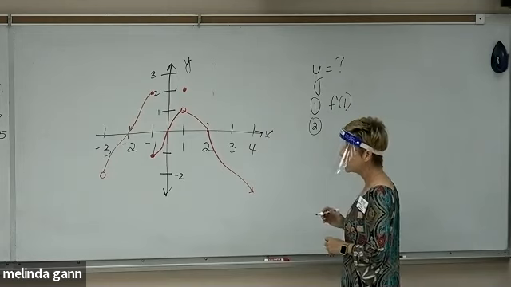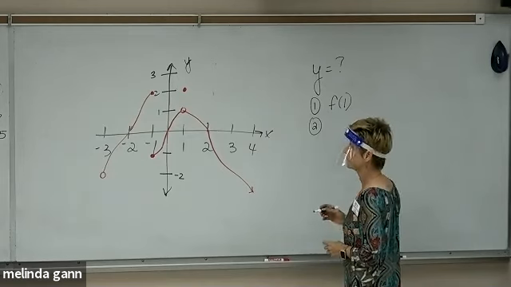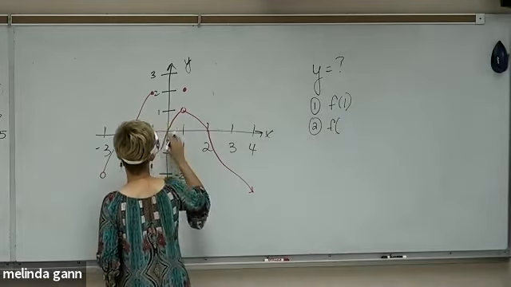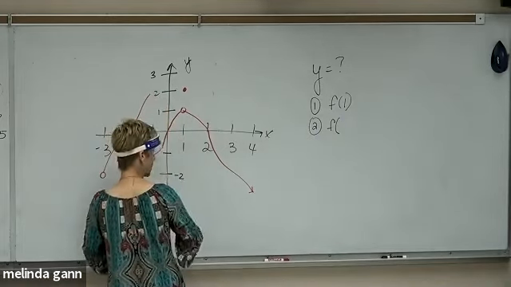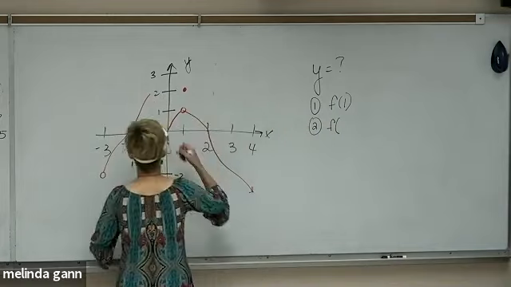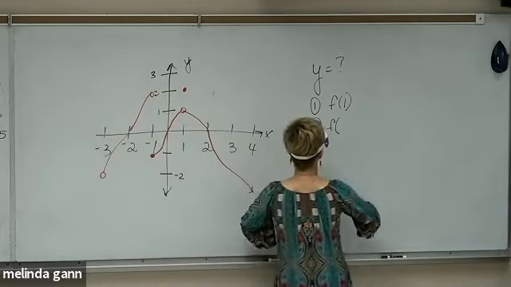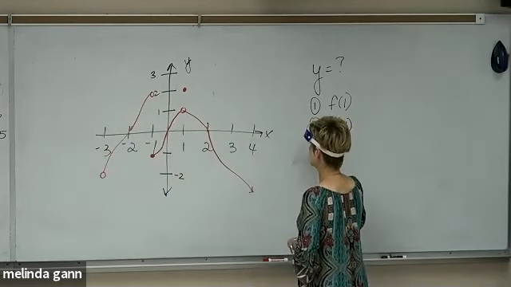Now let's make sure we understand the difference in these two things. F at 1, F at negative 1, F at 2. Let me fix one thing real quick. Let's put an open hole right there, because that's what I would probably do on your test.